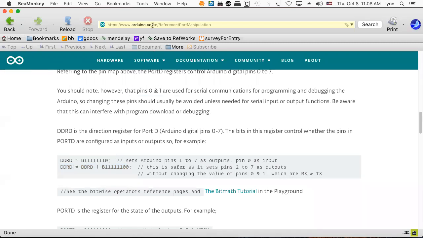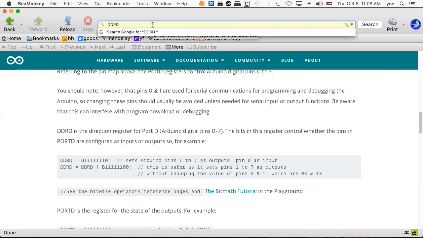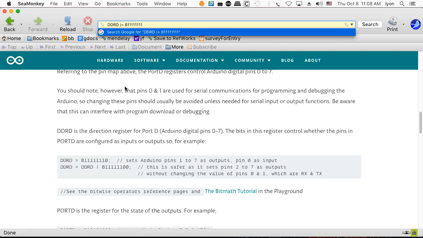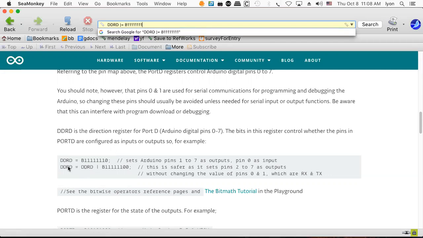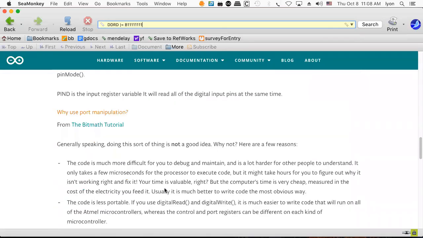So it'll typically be something like this: DDRD |= B11111111, something like that. And so the |= is going to set the bits, and it'll be just the same as saying DDRD equals DDRD with an inclusive OR. So it makes it a little bit easier to read, maybe.